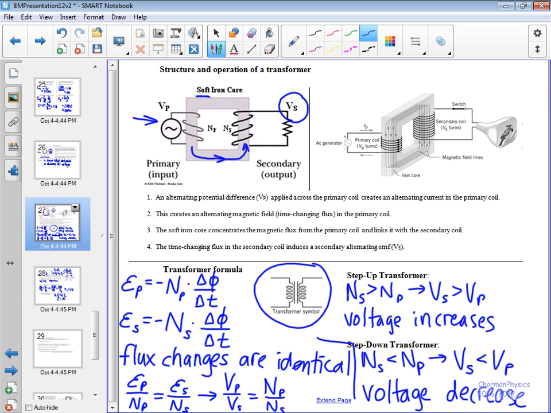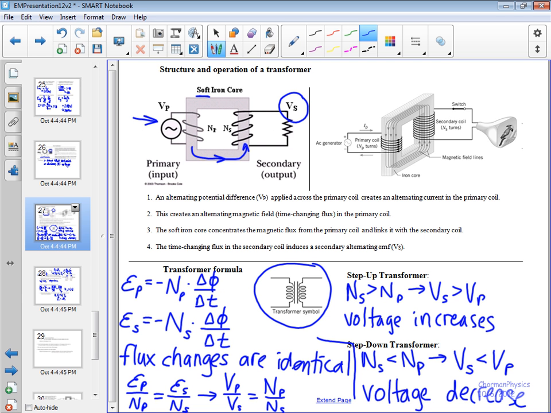When we do that, we end up with the EMF in the primary coil divided by its number of turns is equal to the EMF in the secondary coil divided by the number of turns in that coil. That's really helpful. Then I've replaced the EMFs with the voltage. We get that the ratio of the voltages between the coils is equal to the ratio of the number of turns in the coils.